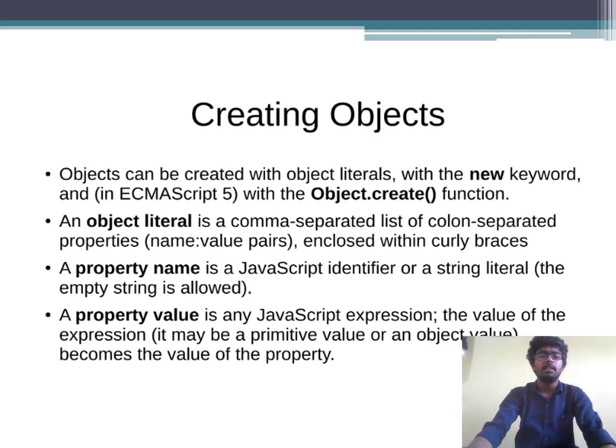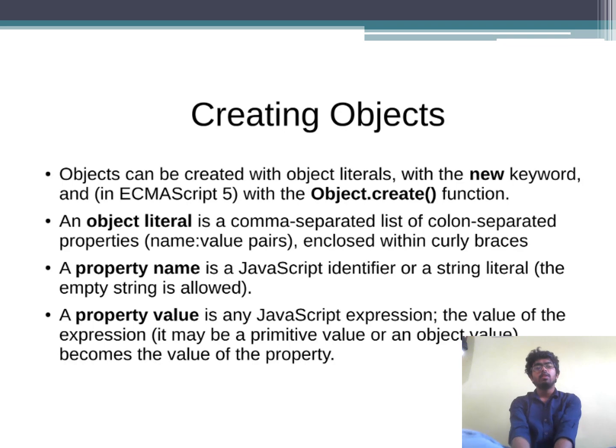An object literal is a comma-separated list of colon-separated properties enclosed within curly brackets. A property name is a JavaScript identifier or a string literal.